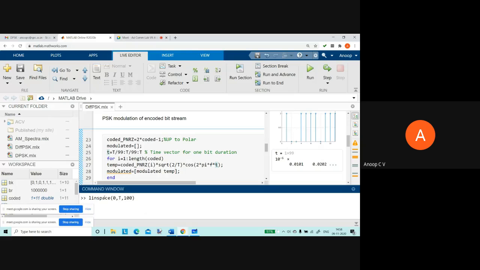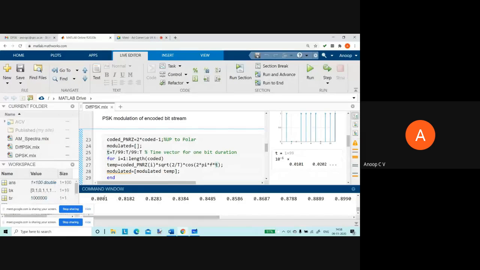This would also be fine, and you will get 100 samples between the starting and end point. Instead of that, what we have done here is we have taken T by 99 as the first sample of time, then T as the last sample of time, and then we consider samples at every T by 99 interval.